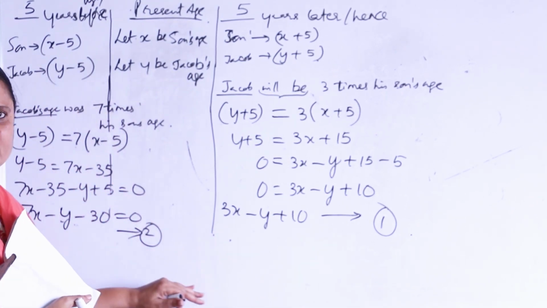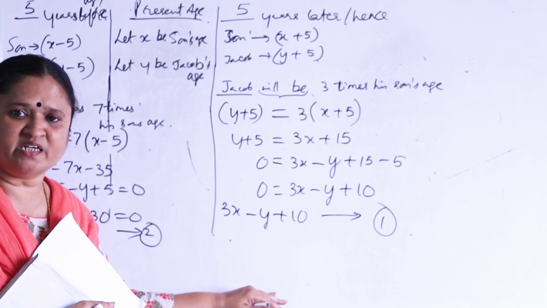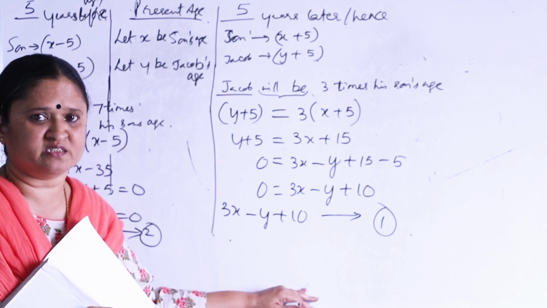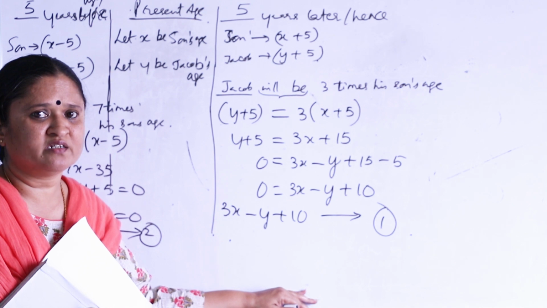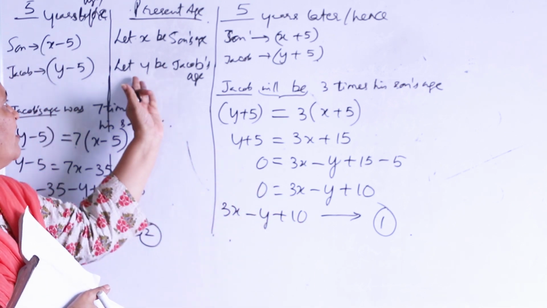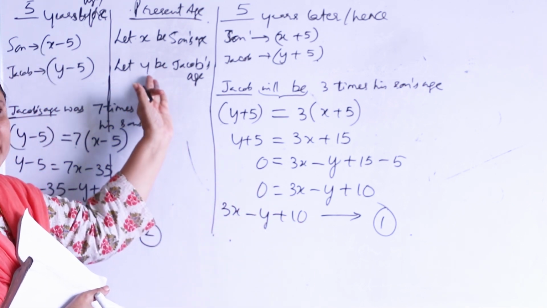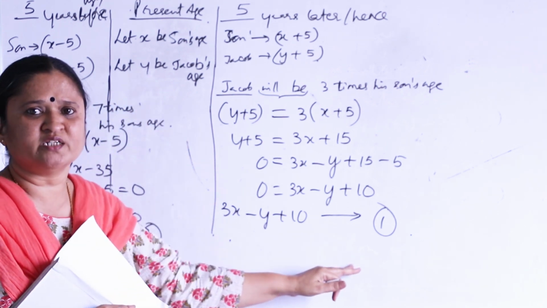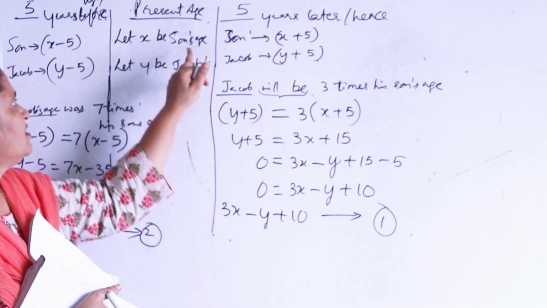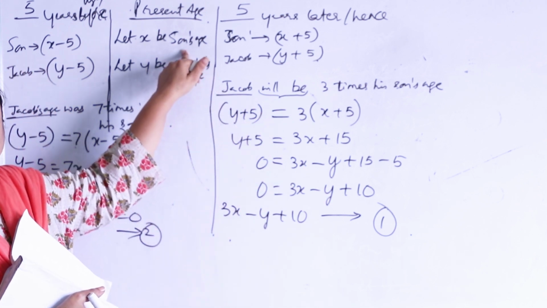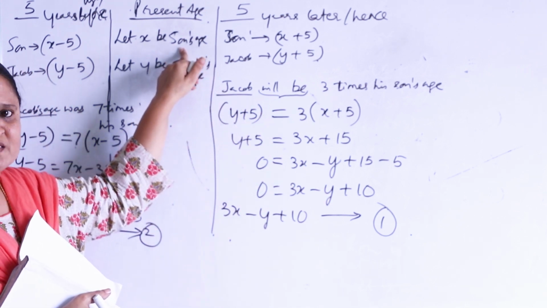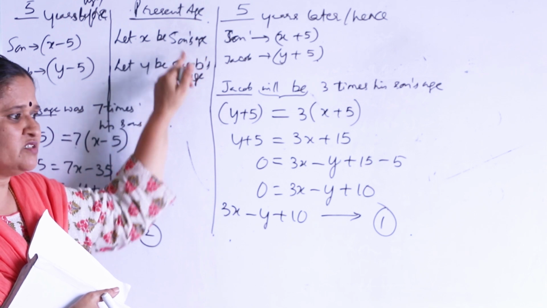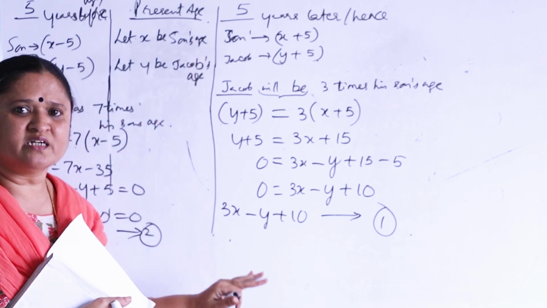Therefore, the present age of Jacob is, which value will you take? Y value, because we have assumed that Jacob's age is Y, right? And Jacob's son's age is which value? X value, because we have assumed son's age as X. Clear? Fine. So this is how you have to write the conclusion.